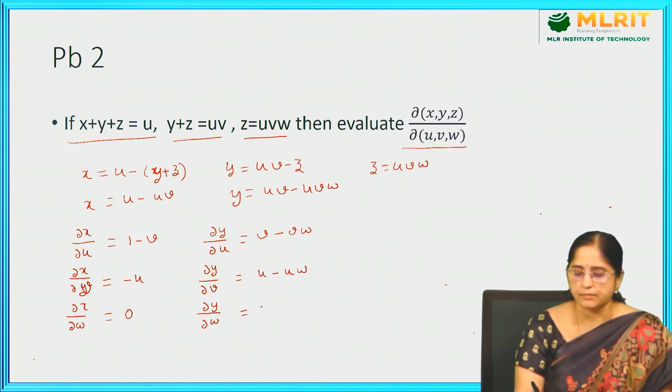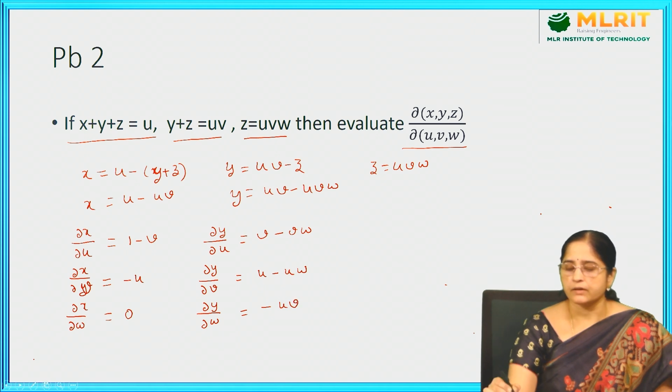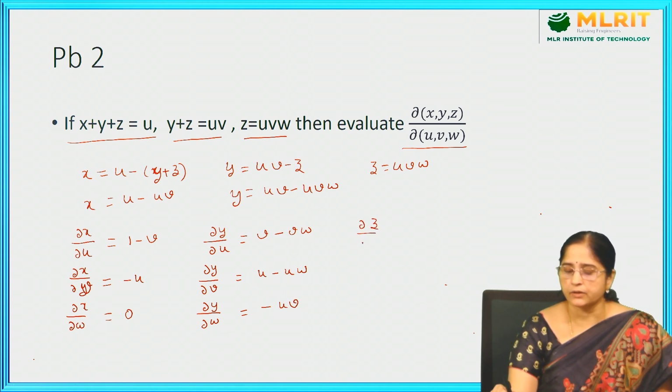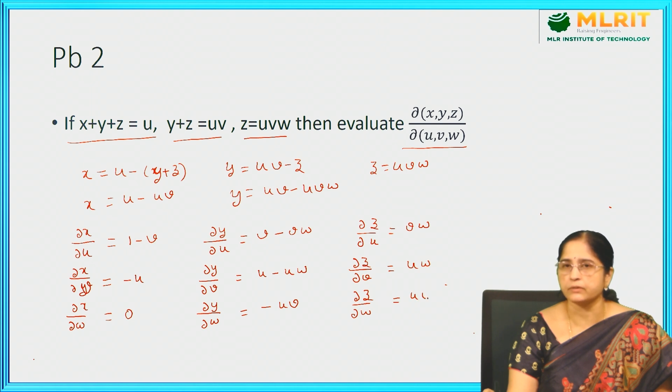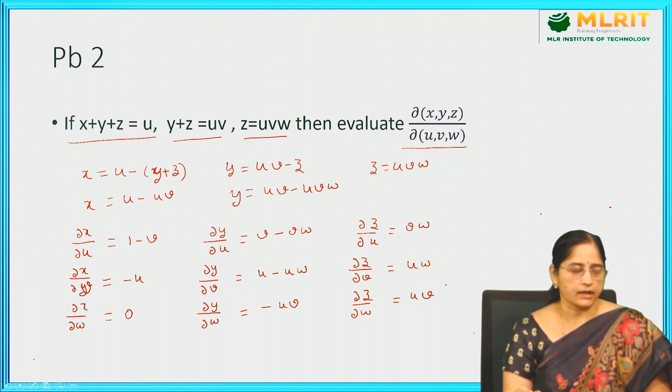So this is minus uv. So ∂z/∂u is v into w. ∂z/∂v is equal to u into w. ∂z/∂w equal to u into v. We have calculated all the partial derivatives.